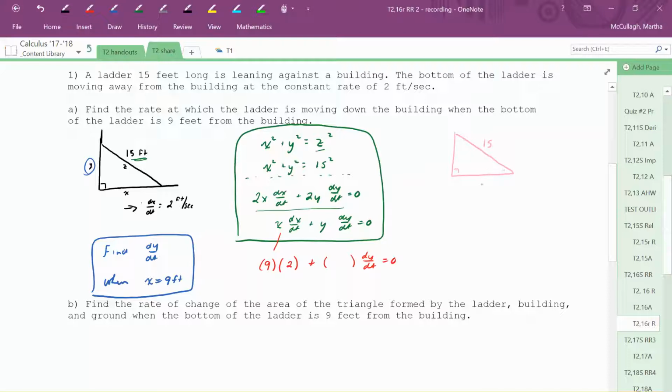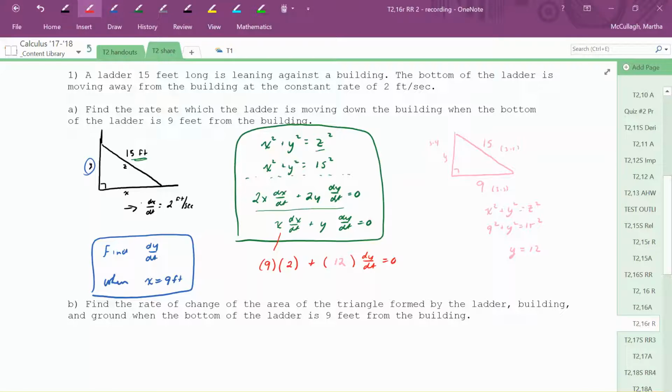My x at this moment in time is 9, and this is my y, so x squared plus y squared equals z squared. 9 squared plus y squared equals 15 squared. I get y squared equals 144, or y equals 12. I could also see that that is a 3, 4, 5 right triangle and recognize that that's a 12.